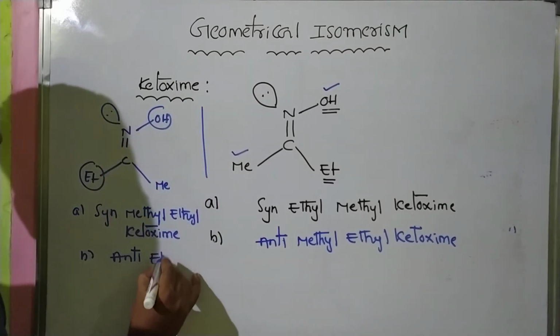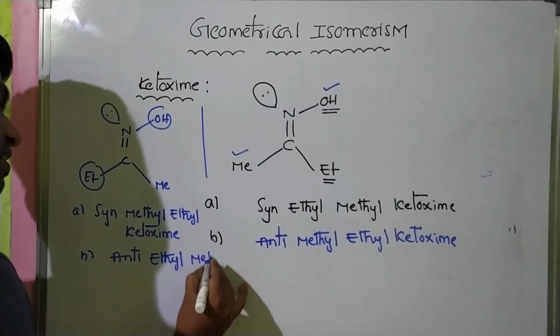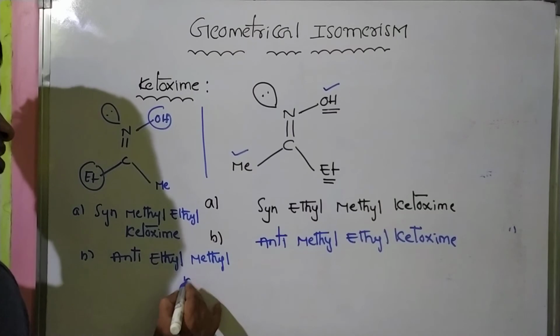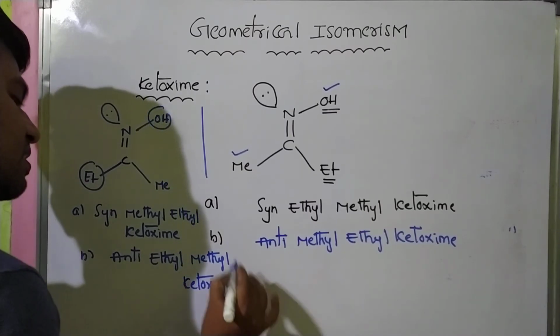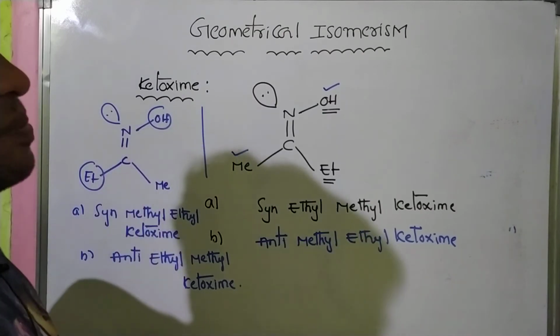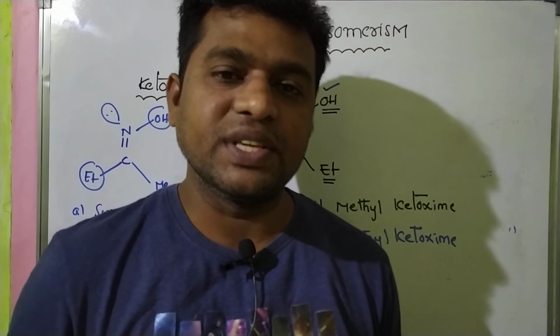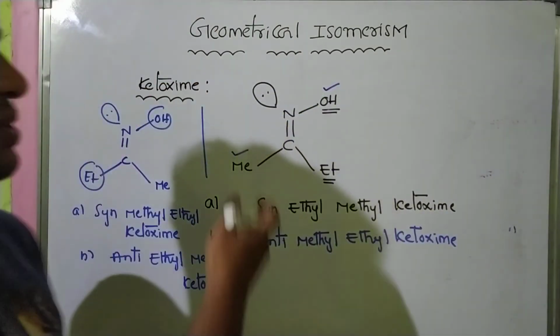Anti ethyl, then methyl ketoxime. So this is the geometrical isomerism, syn and anti notations of isomers. Please note.